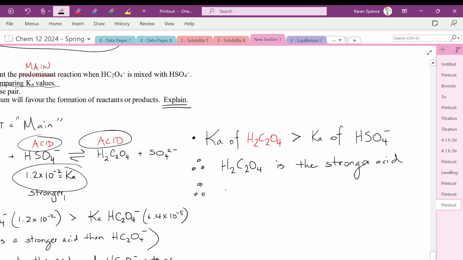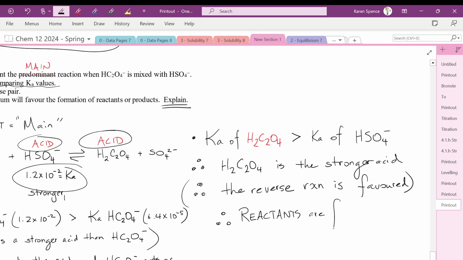And therefore, now this is again optional, the reverse reaction is favored. Because the stronger acid is pushing more. You're not going to say that, but you'll just say the reverse reaction is favored, and therefore reactants are favored.